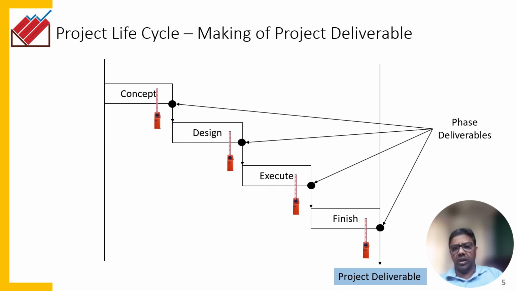But at times, if the deliverable is not as it was expected to be, you could return back and do rework on the deliverable. And in rare incidences, you might even find that it is not really worth trying to create that deliverable, and you might call off the project itself. Then this point becomes what is called the kill point.